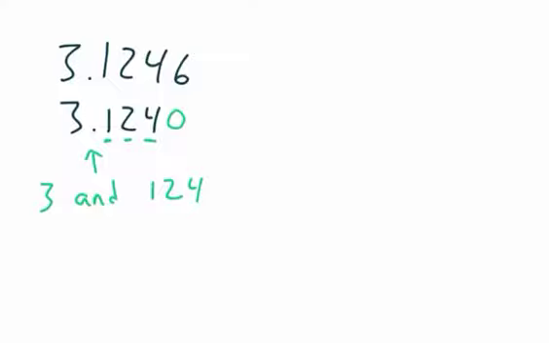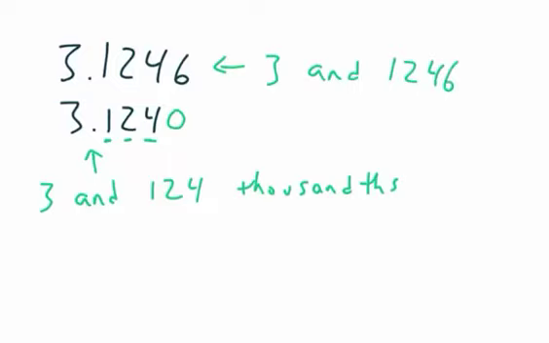So it would be 3 and 124 thousandths. But you have to have the TH at the end. Whatever's before the decimal you can say normally, and then you count out the 124 thousandths. This one here would be 3 and 1,246. Instead of thousandths, now it would be ten thousandths.